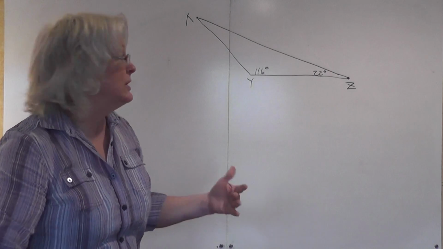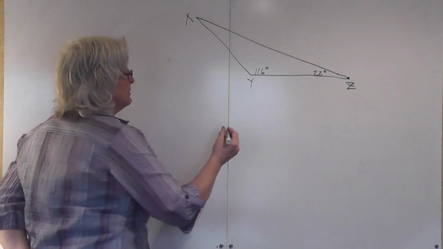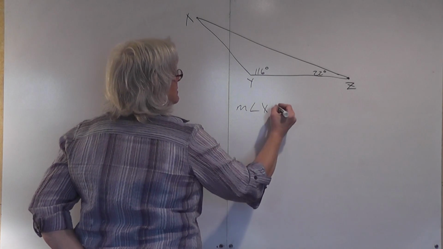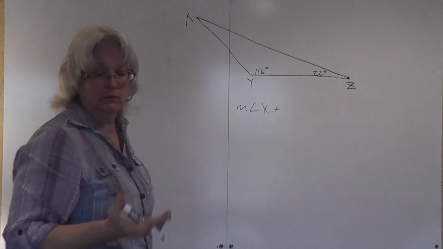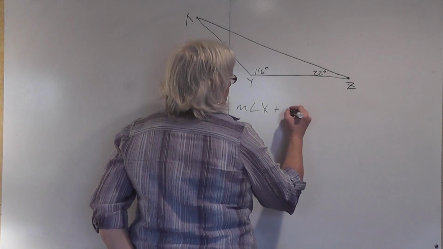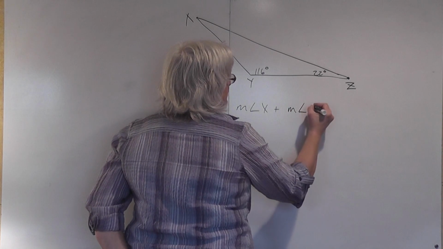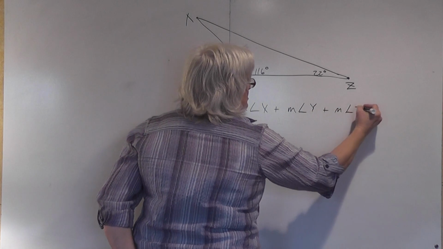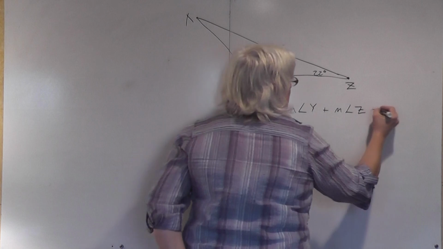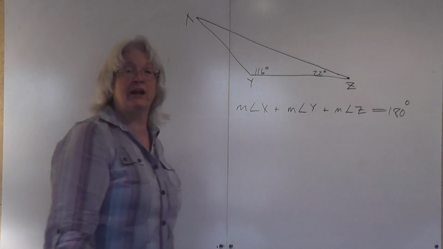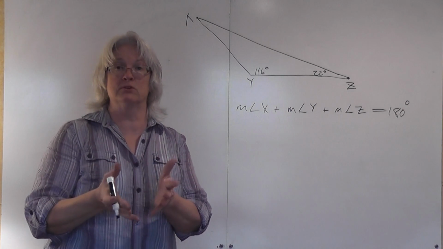So what sort of an equation could you write? Well, do I want to actually go ahead and show you from the very beginning, the measure of angle x plus the measure of angle y plus the measure of angle z is equal to 180 degrees. That's the true statement that you know.